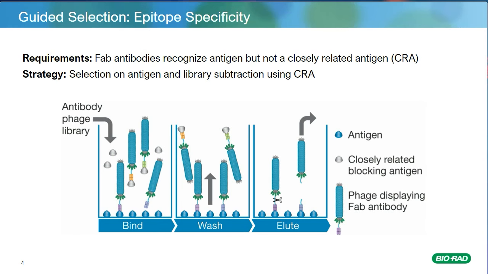The strategy that we would use here is to coat a plate with the antigen of interest, shown in blue, but block our antibody phage library with a CRA, shown in grey, which is found in excess in solution. The idea here is that Fabs expressed on our phage that bind to both the antigen and the CRA will first be blocked by the CRA in solution and ultimately removed during the washing steps, while those Fabs that bind to the antigen exclusively will remain and are subsequently taken forward for further panning rounds.